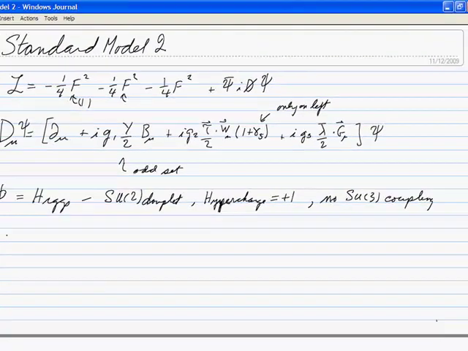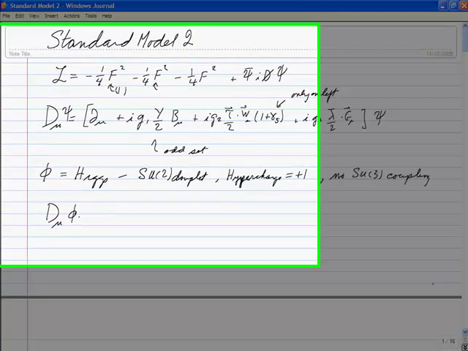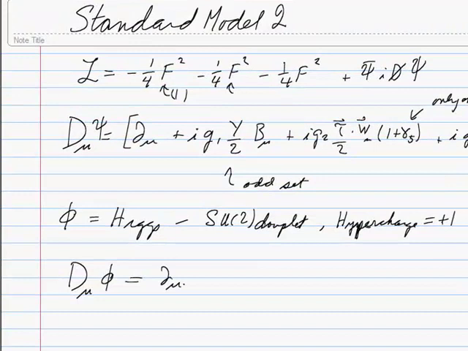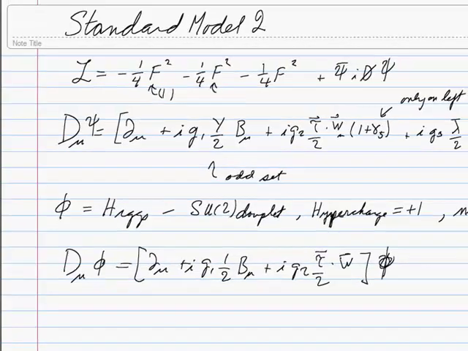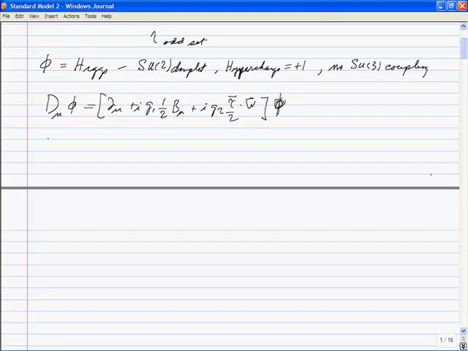Okay, so for this guy, D_mu on phi is D_mu plus i g1 1/2 B_mu plus i g2 tau dot W over 2, acting on phi. It's a doublet.